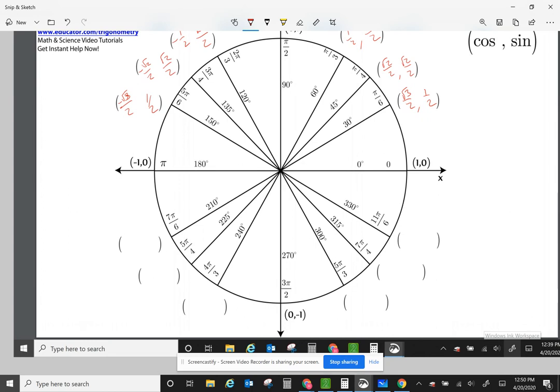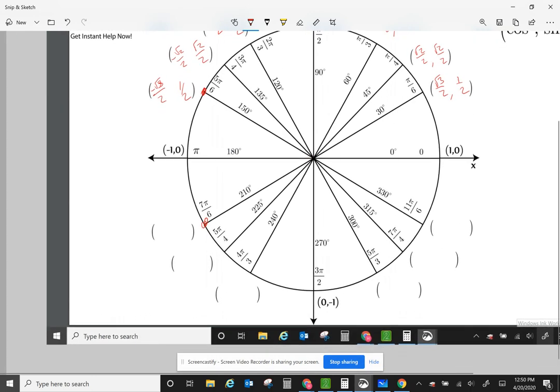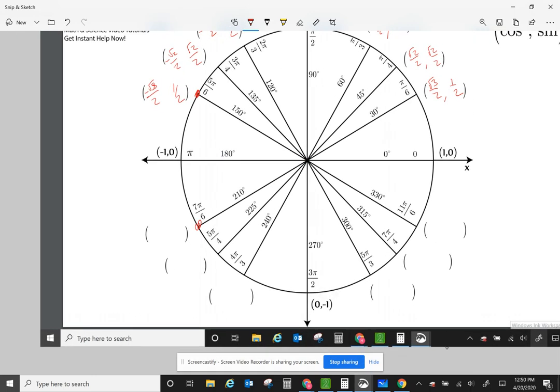Now, what about the third quadrant? This point with this point. They have the same x value, because notice from the origin, I went to the left. So my points on the second quadrant and the third quadrant are going to have the same x values. So this is going to be negative radical 3 over 2, negative radical 2 over 2, negative 1/2.